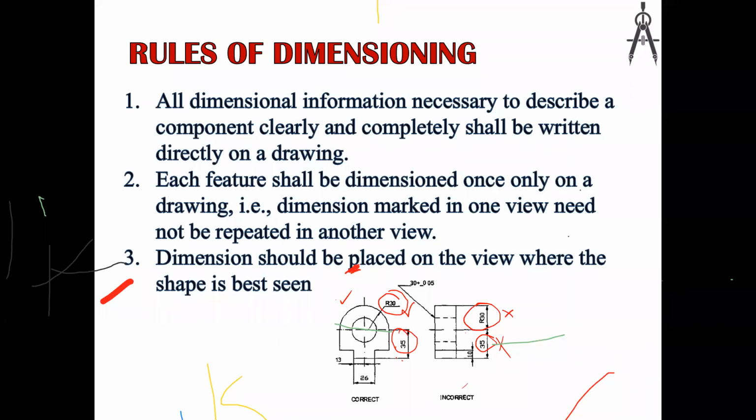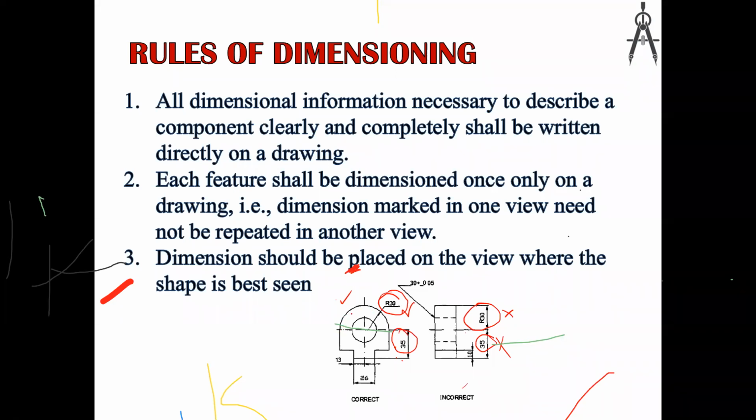Dimensions should be placed on the view where the shape is best seen. That is what I said earlier. So here we are marking R30, radius 30.